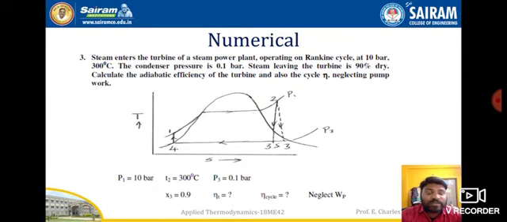So this is how we have to solve the problem. P1 is equal to 10 bar, T2 is equal to 300 degrees Celsius, and P3, the smallest one, is 0.1 bar, and X3 is 90% dry, that is X3 is equal to 0.9. That is the dryness fraction X3, and we need to find the turbine efficiency and cycle efficiency, and neglect the pump work.